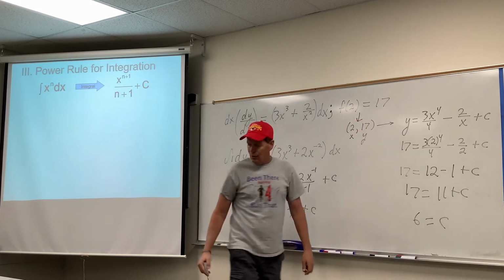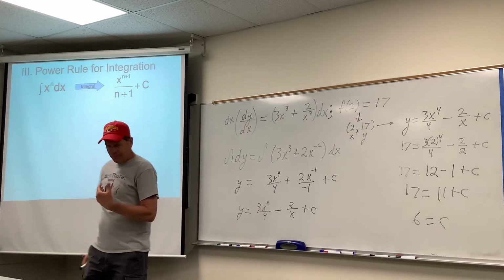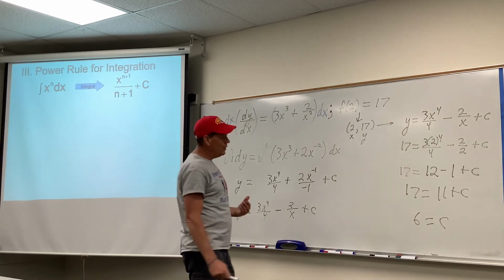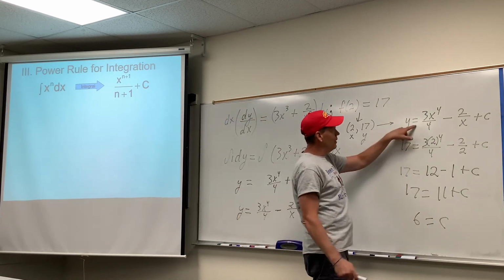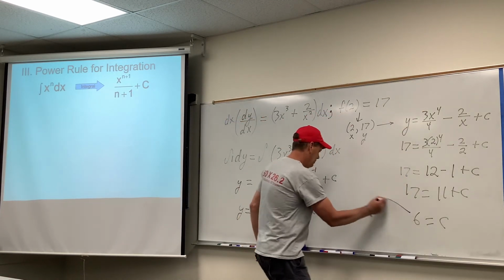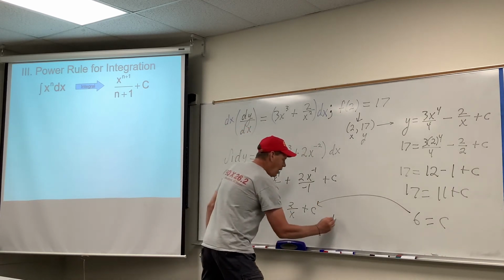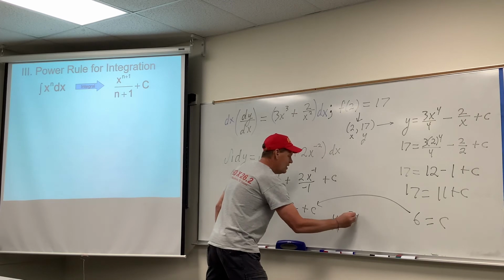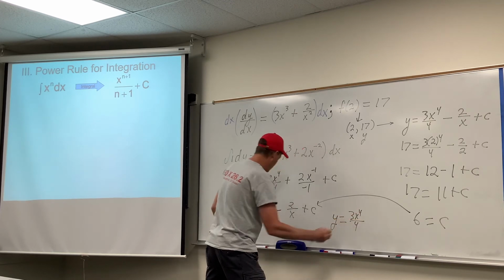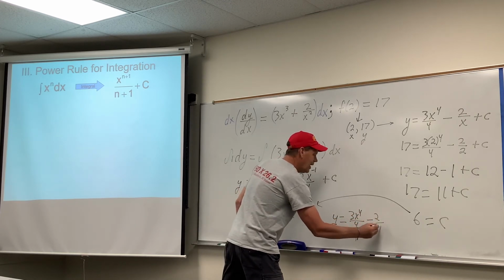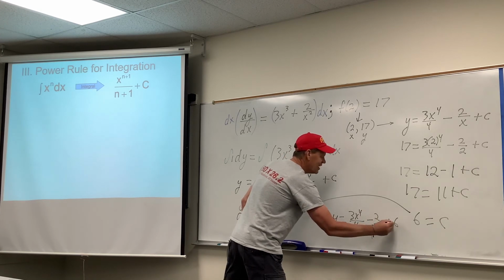All right, and we're almost done. Now what we do is put this back to get our final answer. y equals 3x to the 4th over 4 minus 2 over x plus 6.